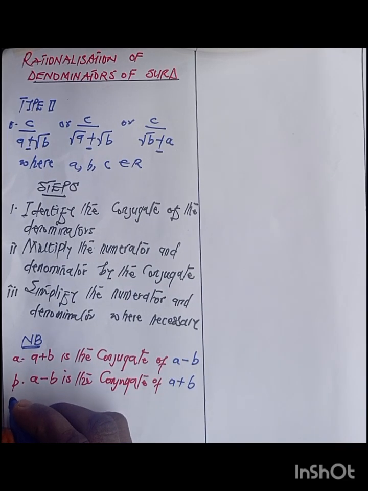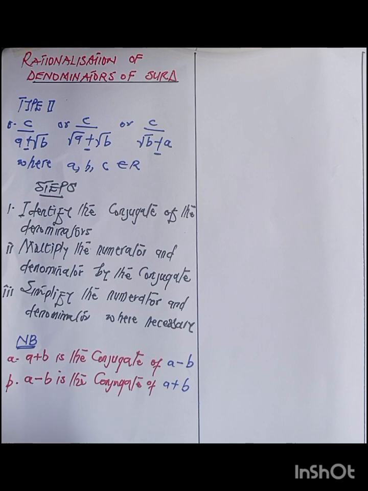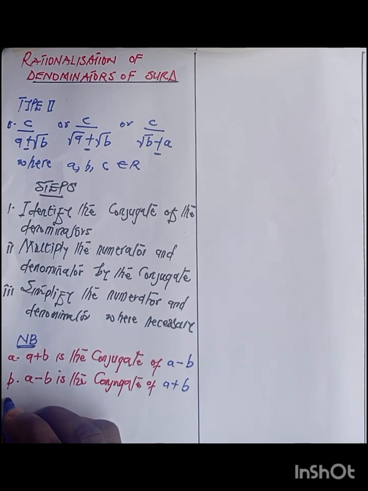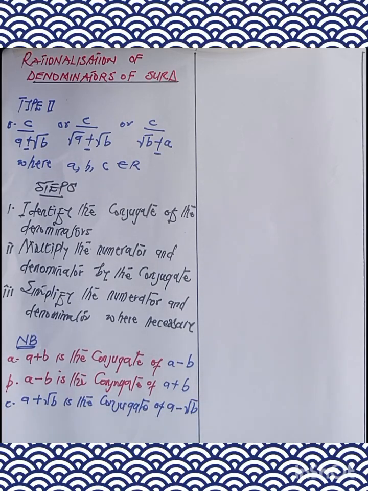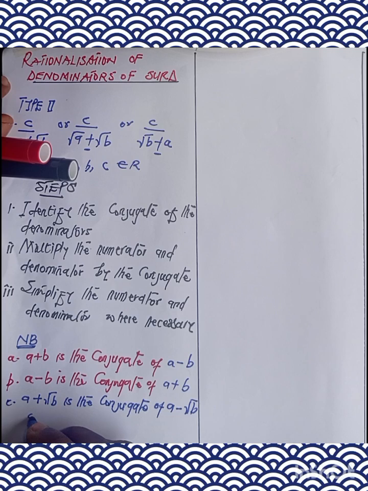And then note 3, under which we are looking at a plus root of b is the conjugate of a minus root of b, and vice versa.